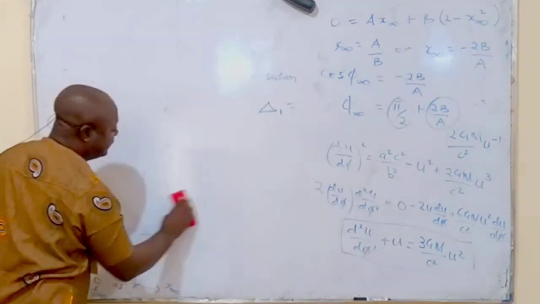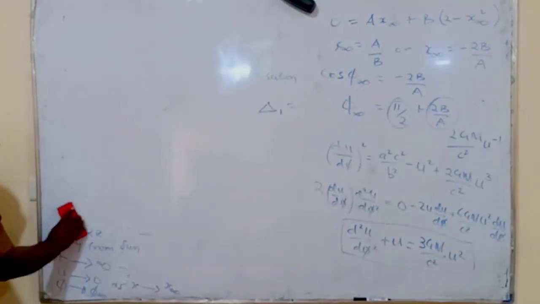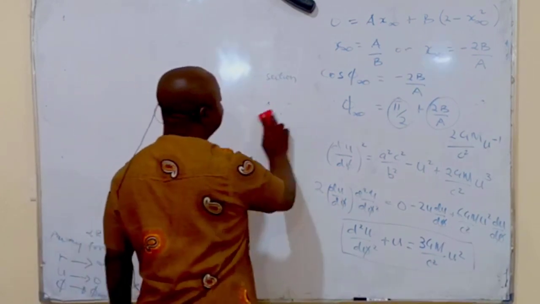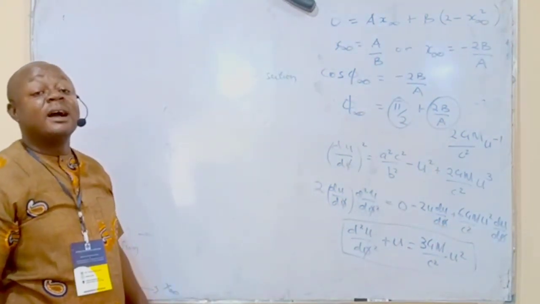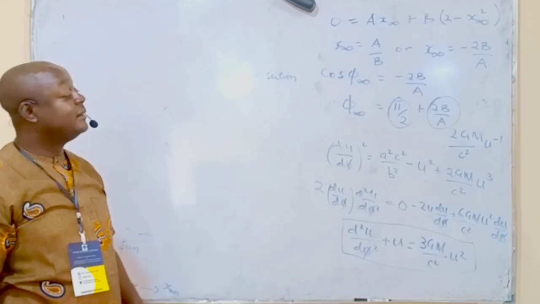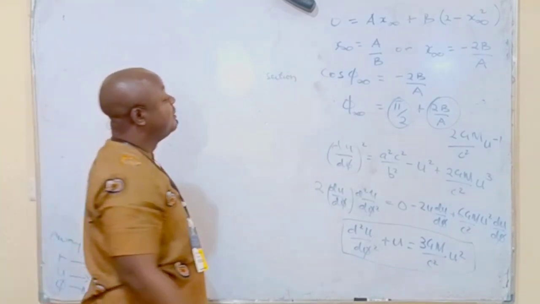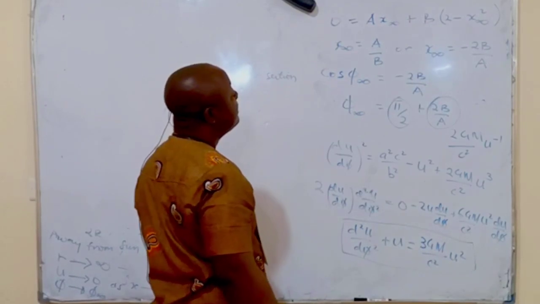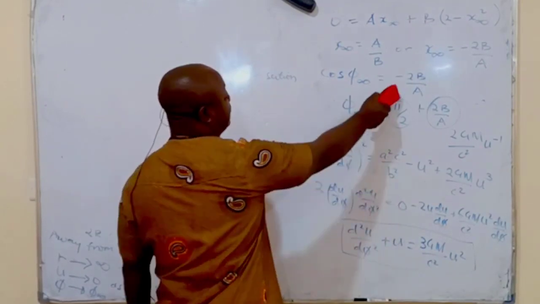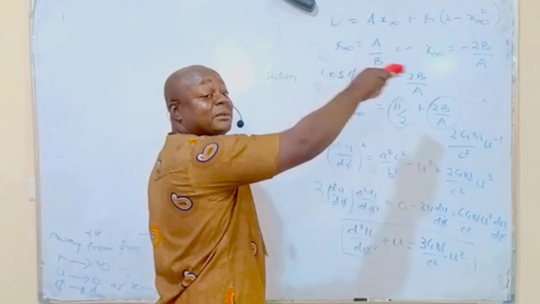Any questions so far? Yes. Can we just take cos? Remember, for you to solve this, this must come to this side, equal to 0.